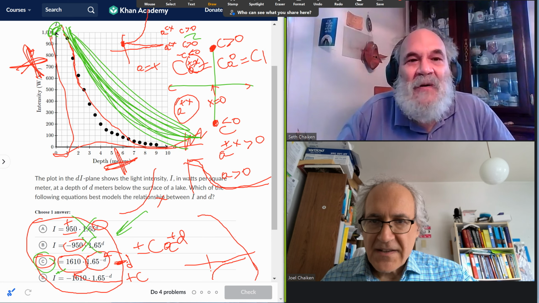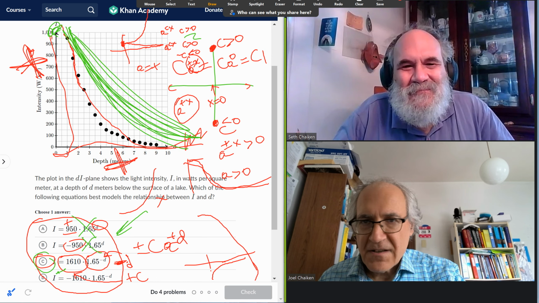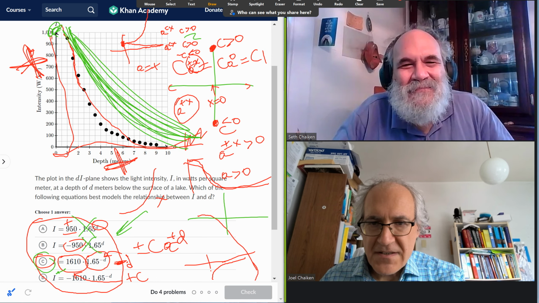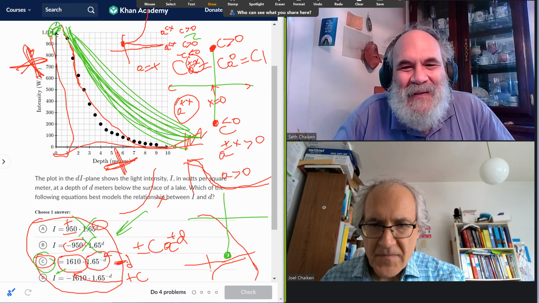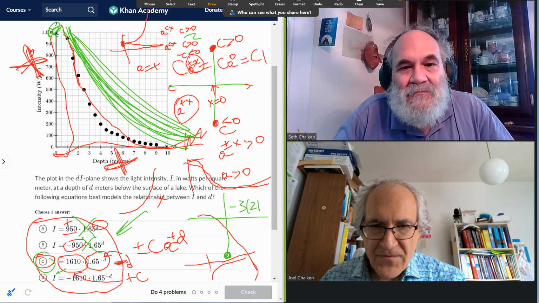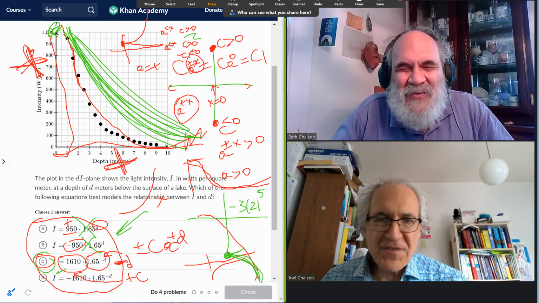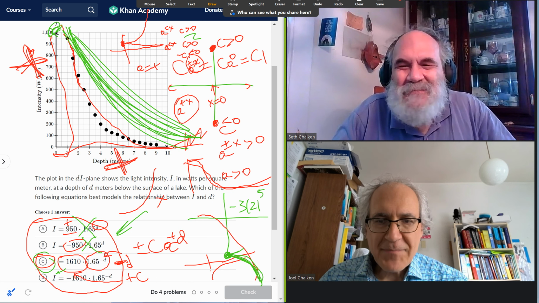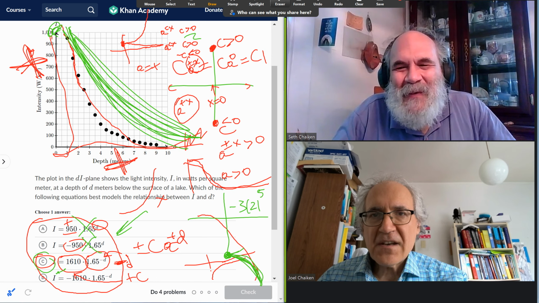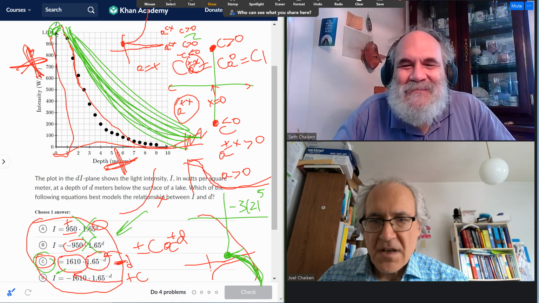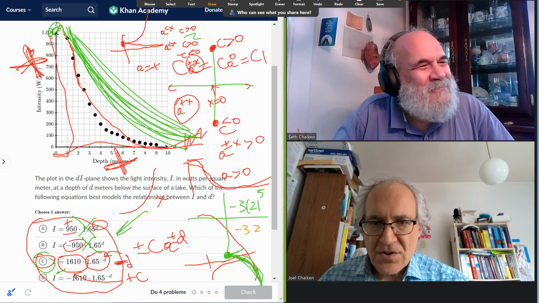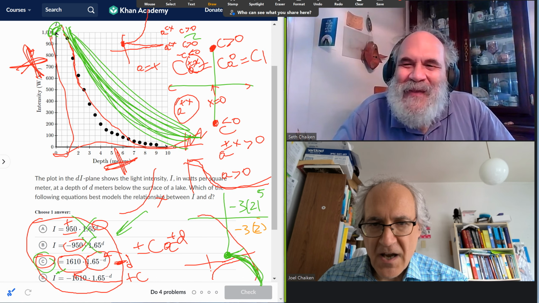And when you're below the axis, like negative 3 times 2 to the 5th, that keeps getting big negative because the value becomes negative. And then negative 3 times 2 to the negative 5th.